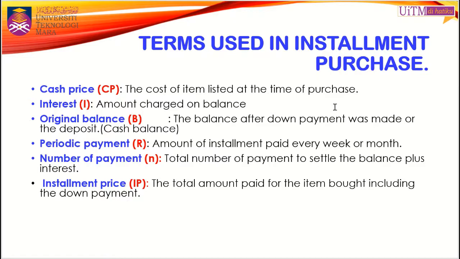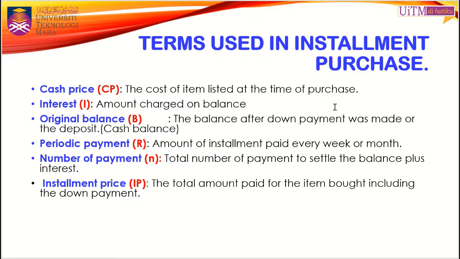And lastly, in these slides, we have the term installment price. The installment price is simply the total amount paid for the item bought, including the down payment. Which means that if you pay monthly R for n number of payments, you multiply R with n, and then you also include the down payment that you have paid earlier.